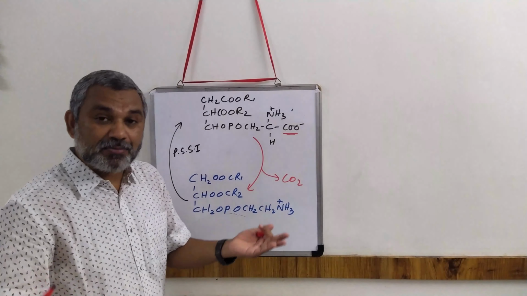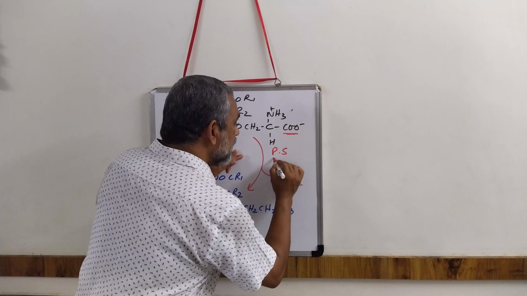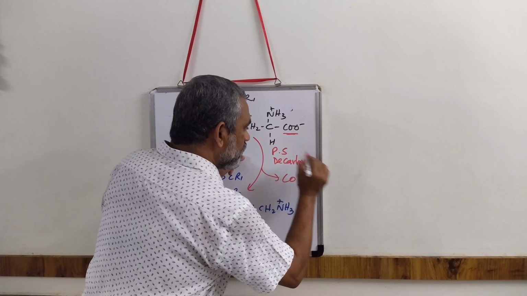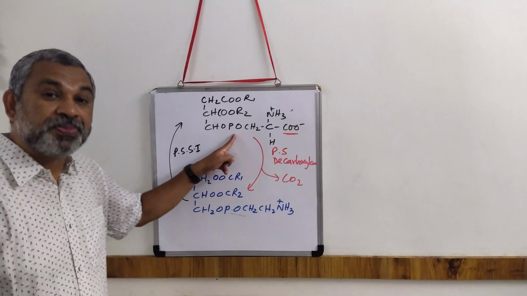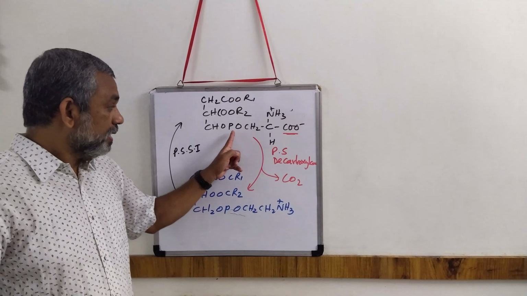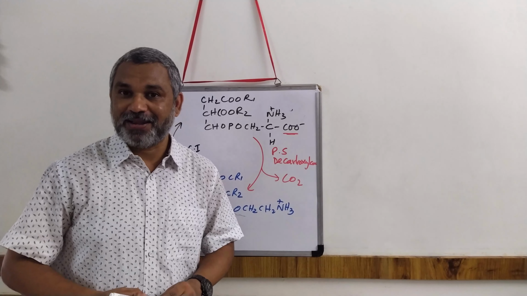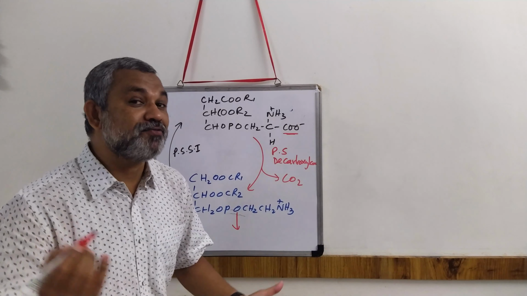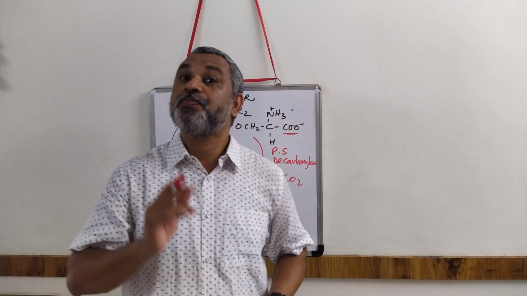This is a decarboxylation reaction, catalyzed by phosphatidylserine decarboxylase. Phosphatidylserine decarboxylase will convert phosphatidylserine into phosphatidylethanolamine. Once you have phosphatidylethanolamine, you can convert that into phosphatidylcholine. How will you do the conversion?